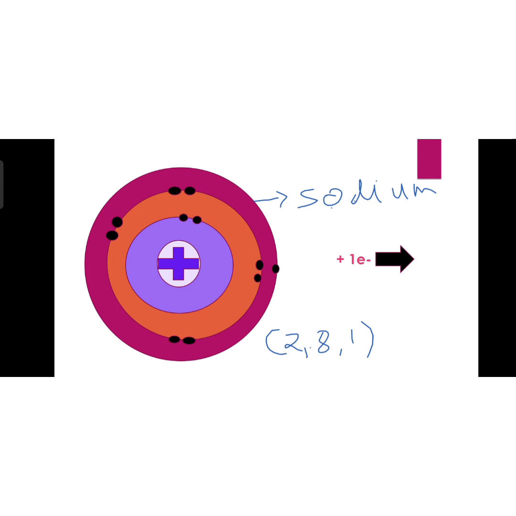Now, it loses 1 electron and becomes a sodium ion. Now, its configuration is 2, 8 and it becomes a positive ion. This is because it loses 1 electron. Sodium loses 1 electron to have a stable electronic configuration, so sodium is a metal.